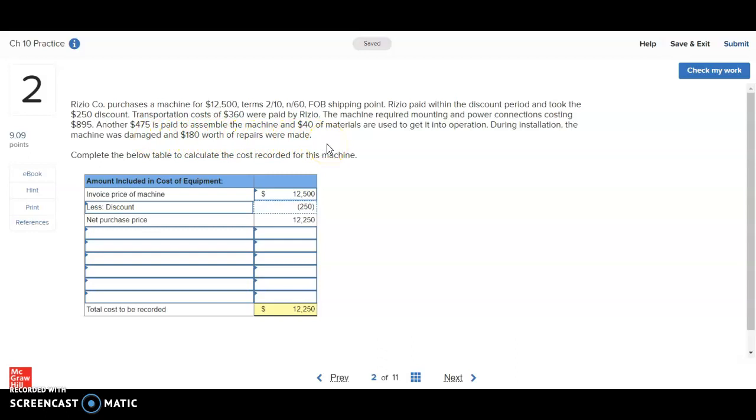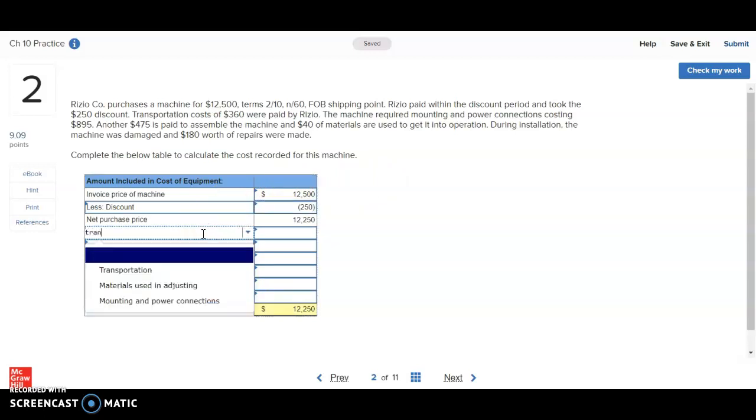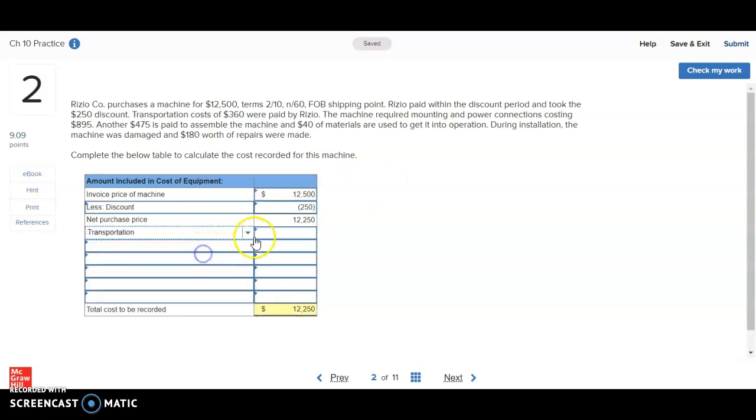Well, here's what we have to remember. With this situation, we have to remember that it is only the things that are getting it ready for its use. So when we think about the things that are getting it ready for its use, the transportation costs to get it to us, so those are going to be included, and that was $360. It's going to add to our price.